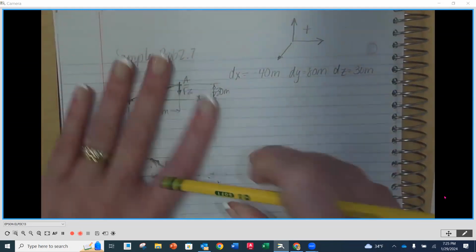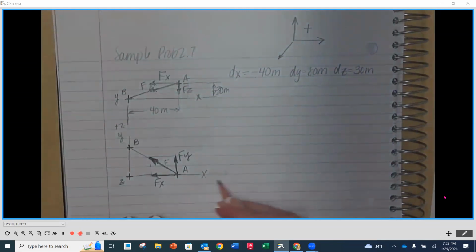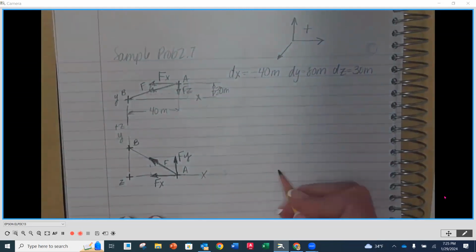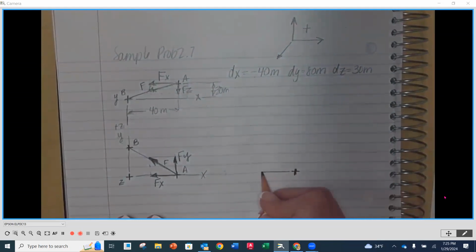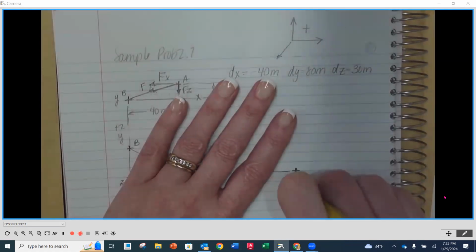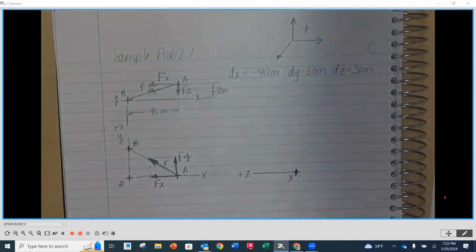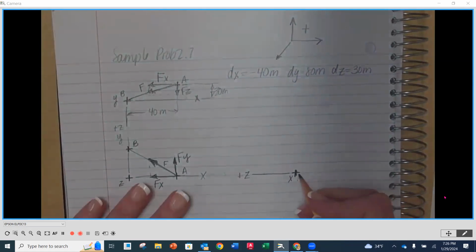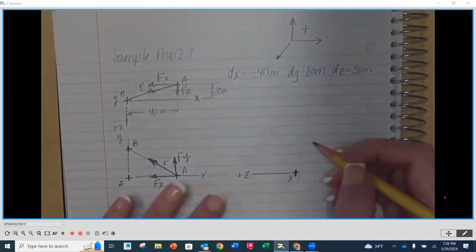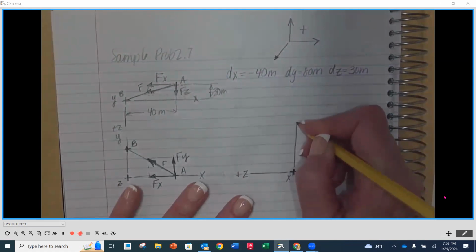I'm going to make this a little bit shorter. Okay, our right side view, we're now going to look down the x-axis. So our x-axis is going to be here. Our z positive is going to be to the left. This is z positive. Our y is going to go straight up, right?